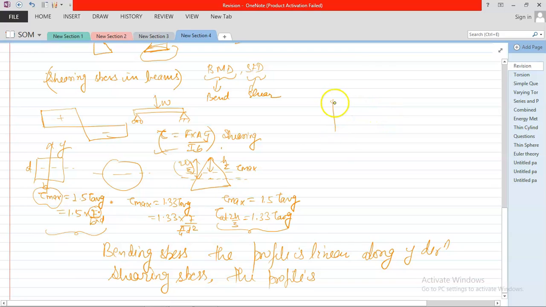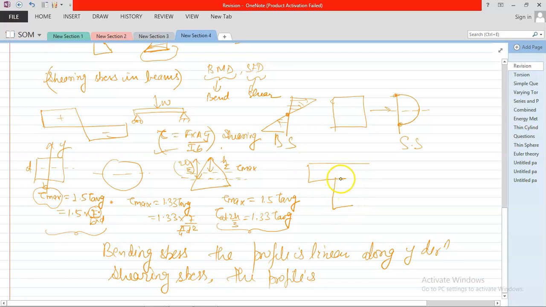Suppose this is your section. If I draw it in this plane, it will be parabolic, maximum at the center and 0 at the top and the bottom. But for bending stress it will look like this: 0 at the center and maximum at the top fiber. So this is bending stress, and this is your shear stress. You need to know the difference.